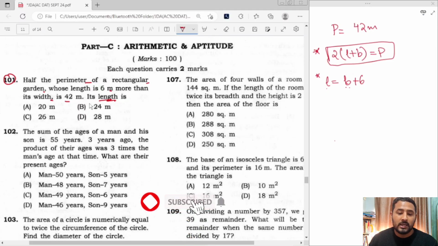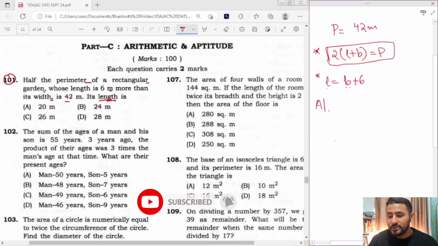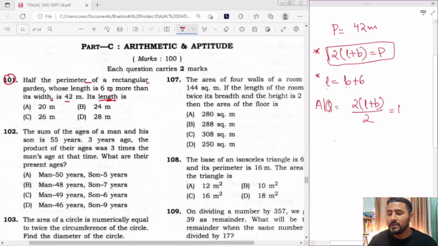According to the question, this perimeter is half. Can you see? It is written half of the perimeter of a rectangular garden. Half means divided by 2, right? Now let us put the values.